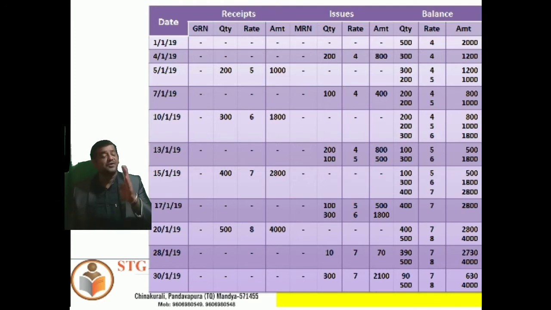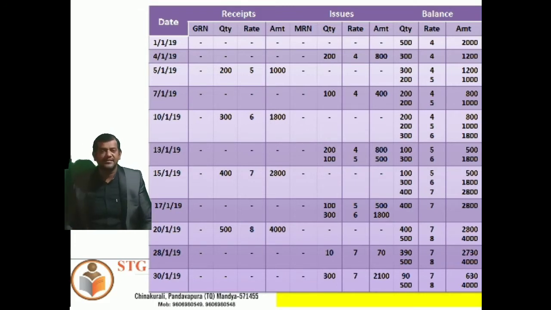MRN nil, quantity nil, rate nil and amount nil. So when there is an opening stock, you need not record any transaction on the receipt side, neither on the issue side. Only we are going to record under the balance column.